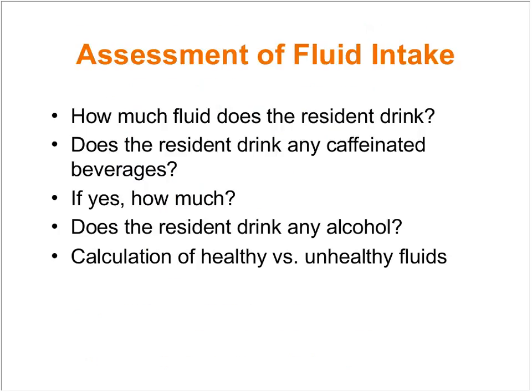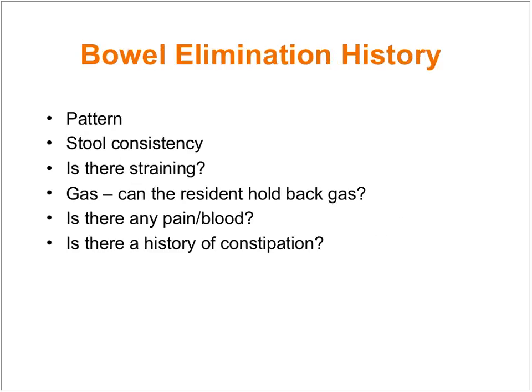It's very important to assess fluid intake, to look at the type, amount, and timing of fluid, to ask about how much water, milk, juice, and then to pay attention to how much they're drinking that's caffeinated beverages. Caffeine has a huge impact on the bladder. It can cause urgency and frequency, and it's important to be aware of how much caffeine.